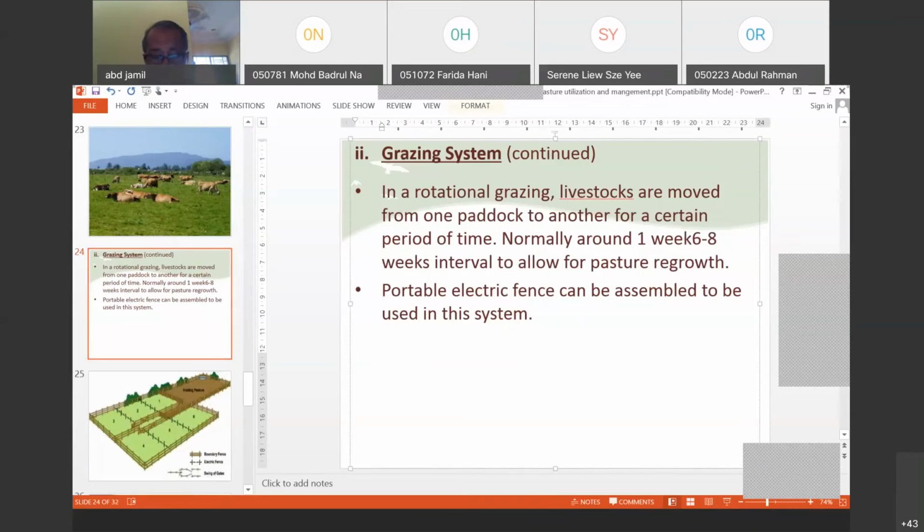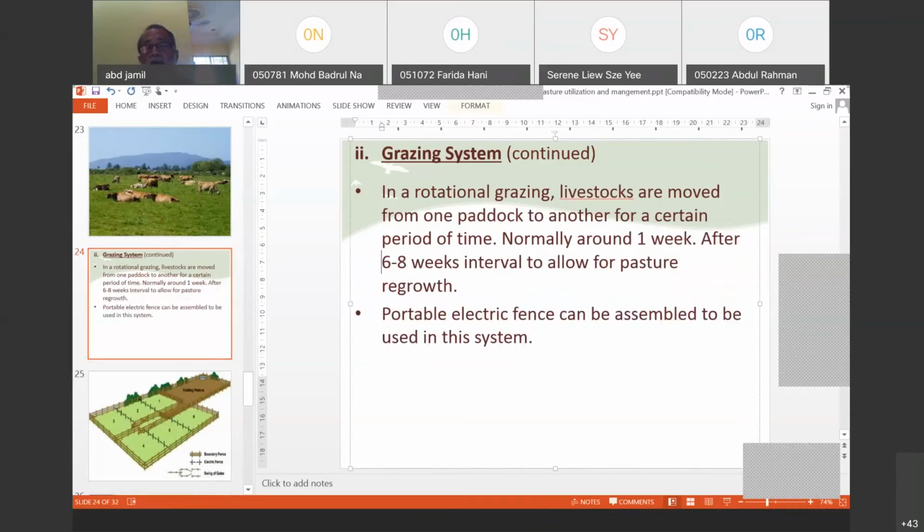And so after 6 to 8 weeks, we'll go back to the initial paddock, to allow for pasture regrowth.